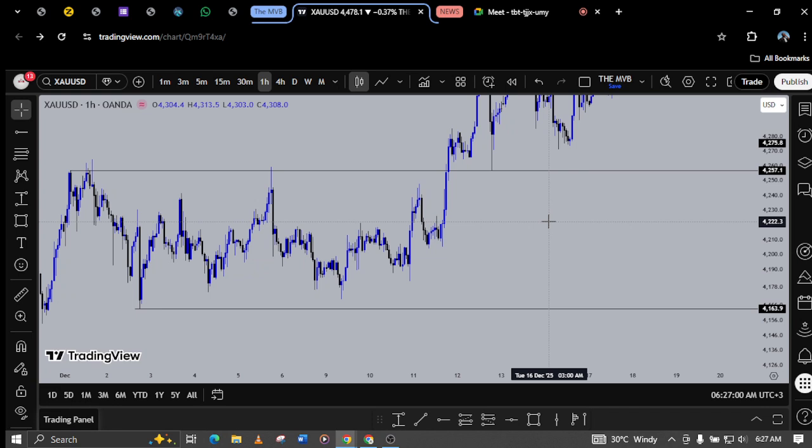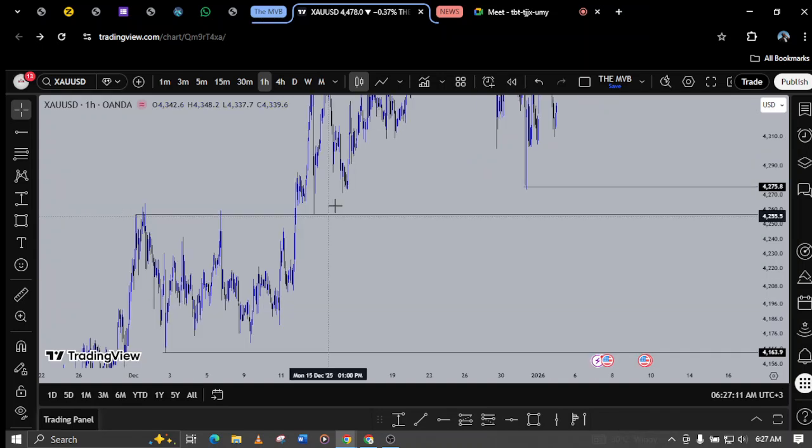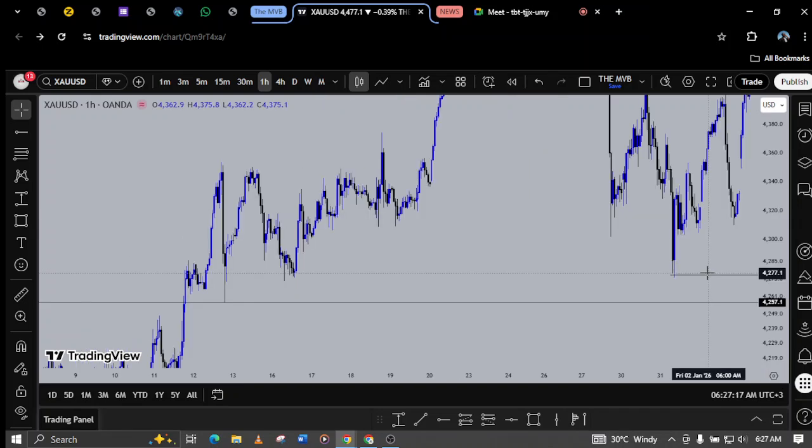So you can see price broke that, and then we reacted just at the area of break. There is a reason for that. Then we have another one. Price created a small minor structure, and then we see it stopped at that area to react on that breakout point, and then price created another breakout area.